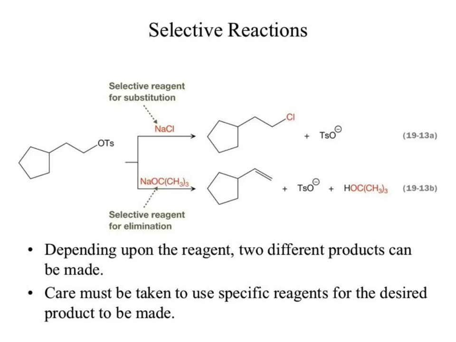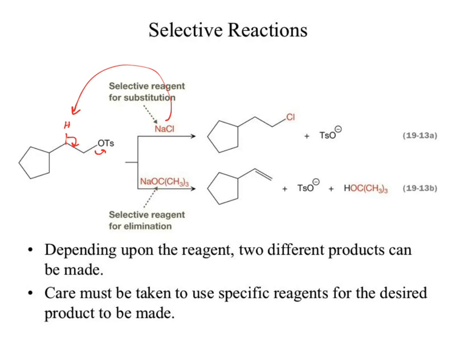So if we take a look at these two options, sodium chloride is now a selective reagent for substitution. Why would it not do an elimination? What's that? The conjugate base or something? For chloride to do an elimination in that top reaction, I would need to remove a hydrogen so that I could get the elimination.